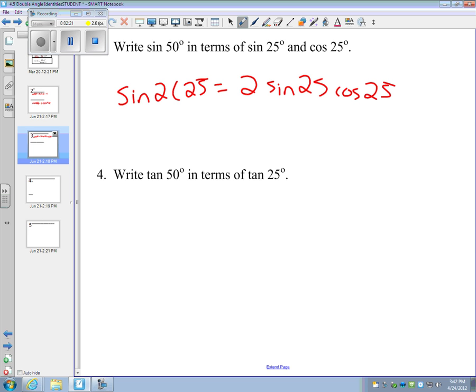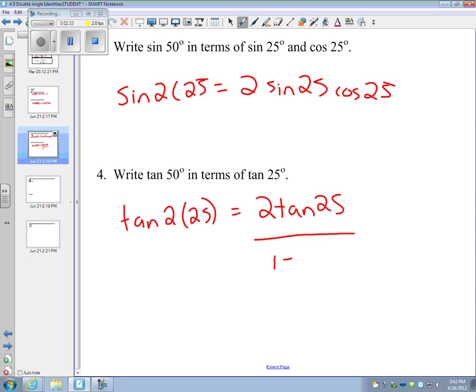It says write tan 50 in terms of tan 25. Using those identities, we can say that's tan 2 times 25 equals 2 tan 25 over 1 minus tan squared of 25. So you'll see I just got that from tangent right here.